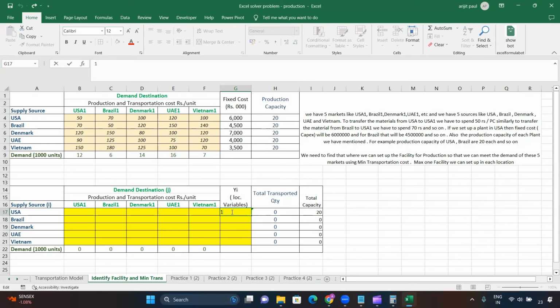But if we decide that we are not going to set up any plant in USA, then the total capacity for the USA plant needs to be 0. That is what I have mentioned here. You can do the testing for Brazil as well. If we decide to set up the plant in Brazil, then only can we supply the material from Brazil, and the total capacity of the Brazil plant needs to be 20. And what will be our objective formula?